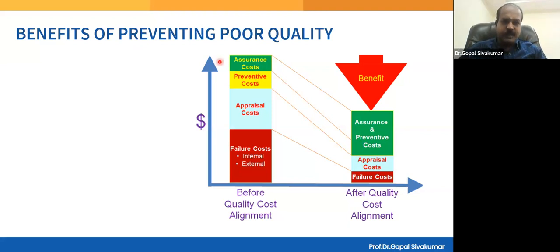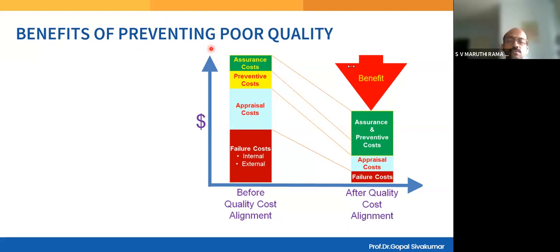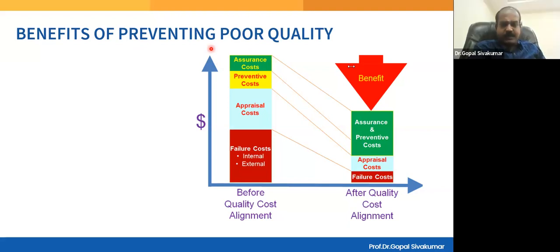Similarly, some expense we spend with an objective of preventing the failure. They're all called prevention cost. Can you give me an example for prevention? It is SOP, okay, developing SOPs. Every place you create SOPs.